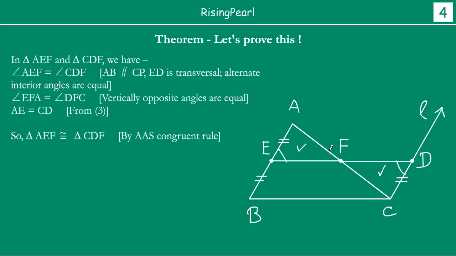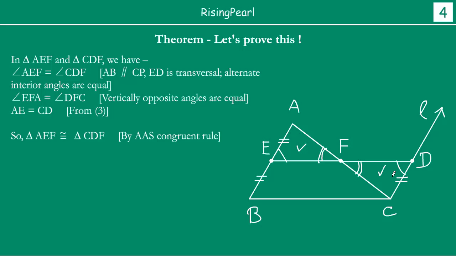Additionally, these two angles are equal too because they are vertically opposite angles. We know that vertically opposite angles are equal. So we have this angle equal to this angle, and also AE is equal to CD because we have just seen these two are equal.